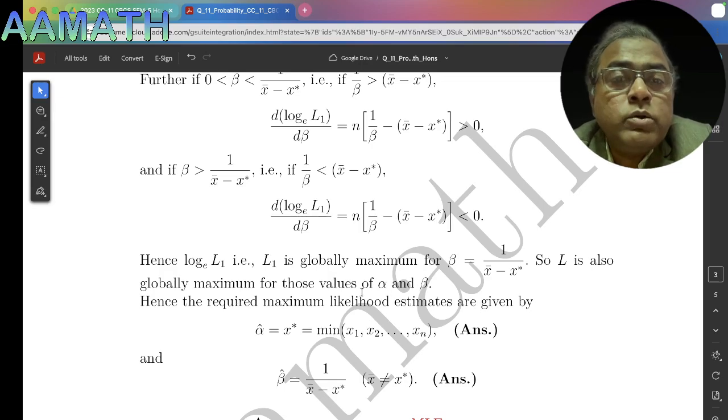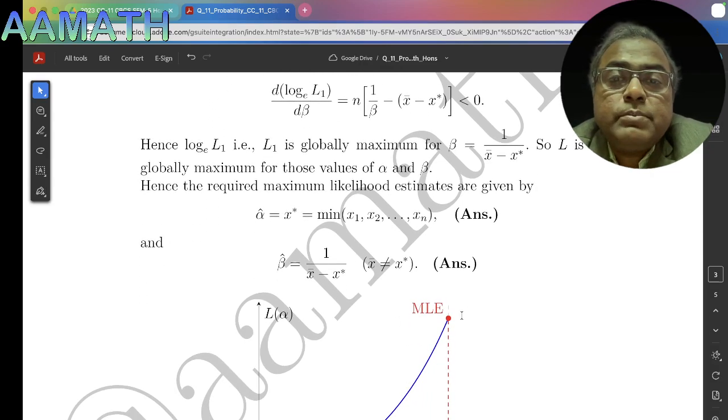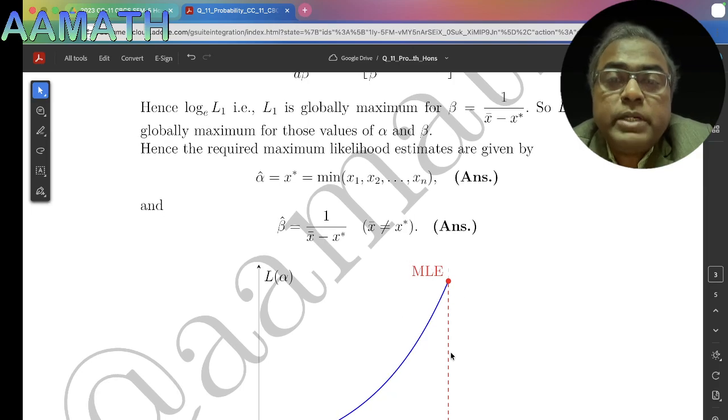Hence, the required maximum likelihood estimates are given by α hat equal to x*, which is the minimum of the sample values, is one answer. And the other answer, β hat equal to 1 by x̄ minus x*, where we assume x̄ not equal to x*, is the maximum likelihood estimate.